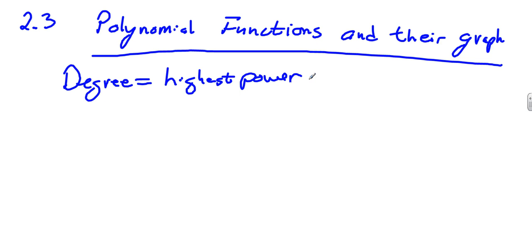And here's where they dig into the details a little bit more. When they talk about functions, this is where we're going to limit some of the different graphs that we talked about back in chapter 1.